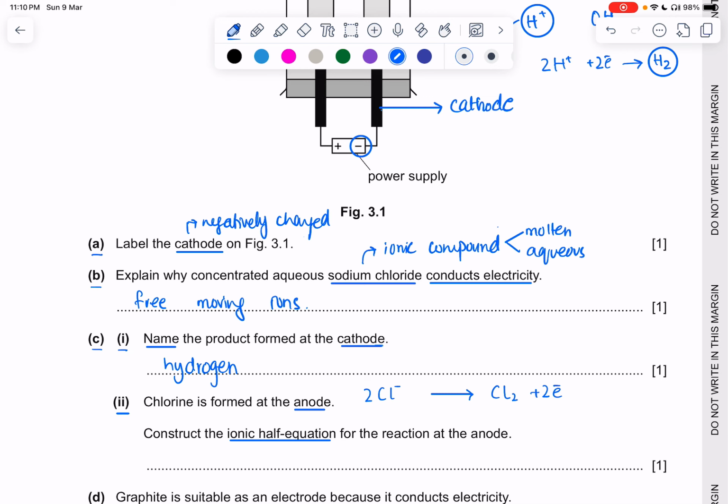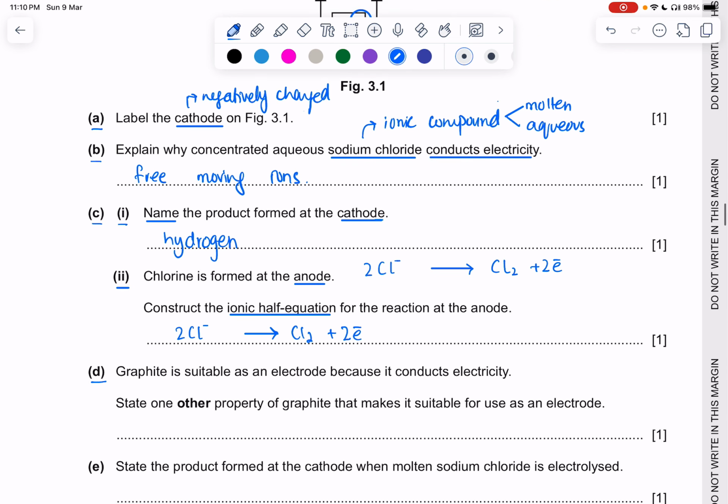So the correct answer is 2Cl minus arrow Cl2 plus 2 electron.